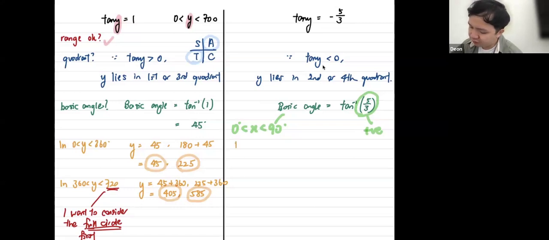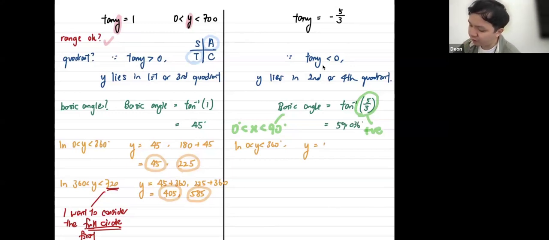So in the first quadrant, I know that my angles will be, oh sorry, I didn't calculate this. So tangent inverse 5 over 3 is 59.036.